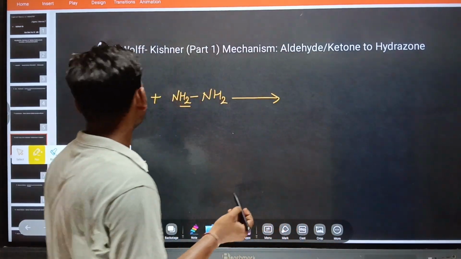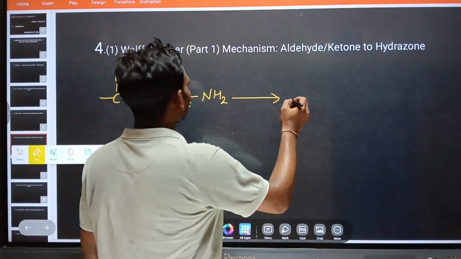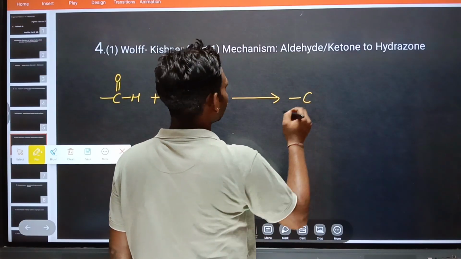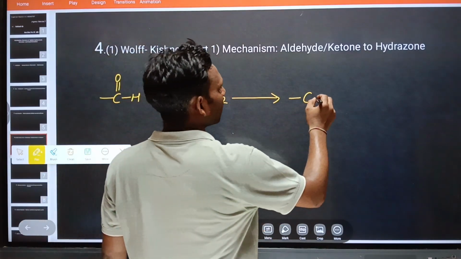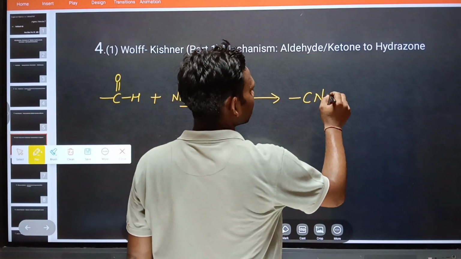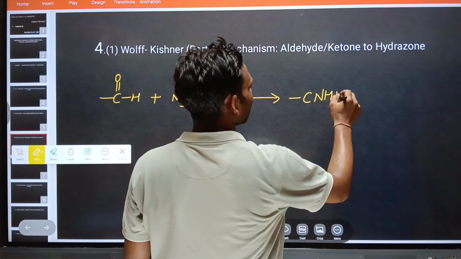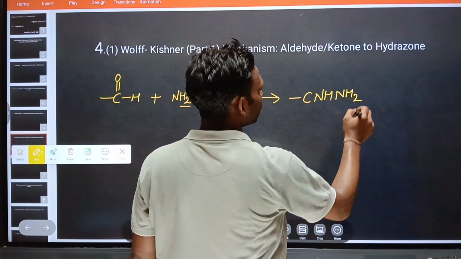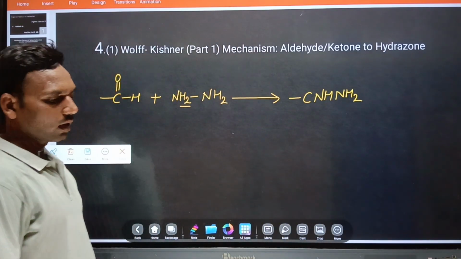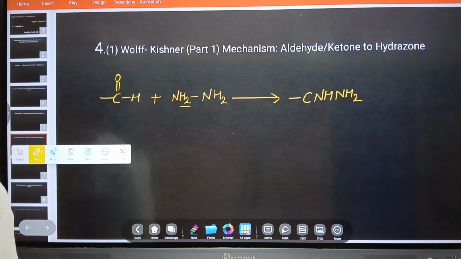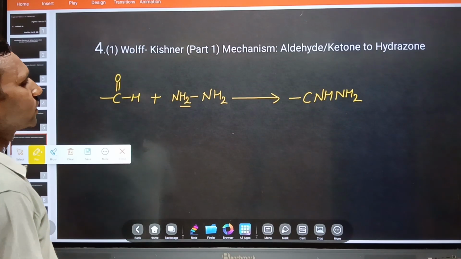Then it forms C, N, H, NH2. That's the hydrazone compounds.